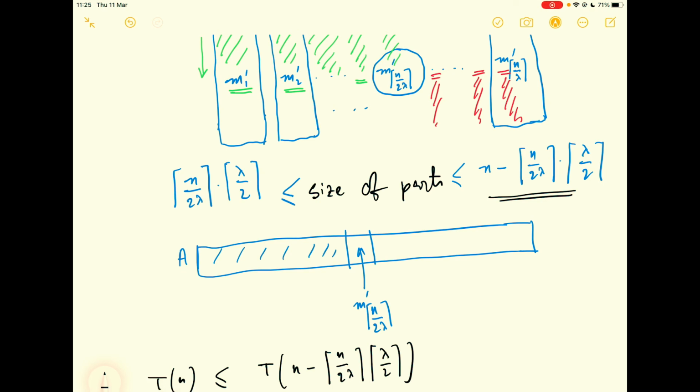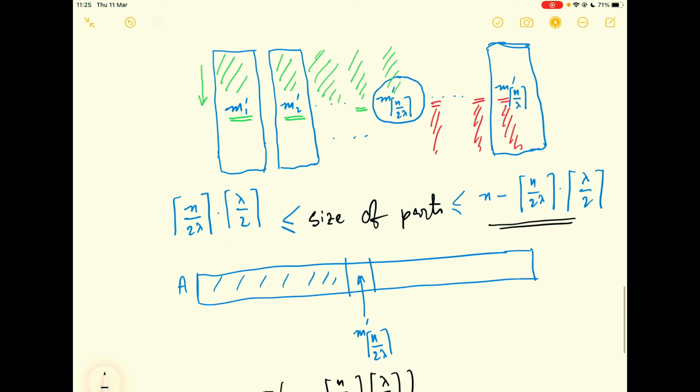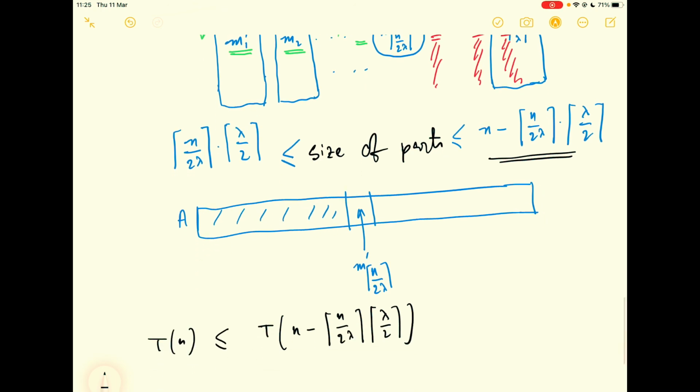We are finding the median of medians using a recursive call, and how many elements are we passing there? We were passing m1, m2 up to m n by lambda. So we are passing n by lambda many elements there to find the median of medians. And what other computation are we doing?